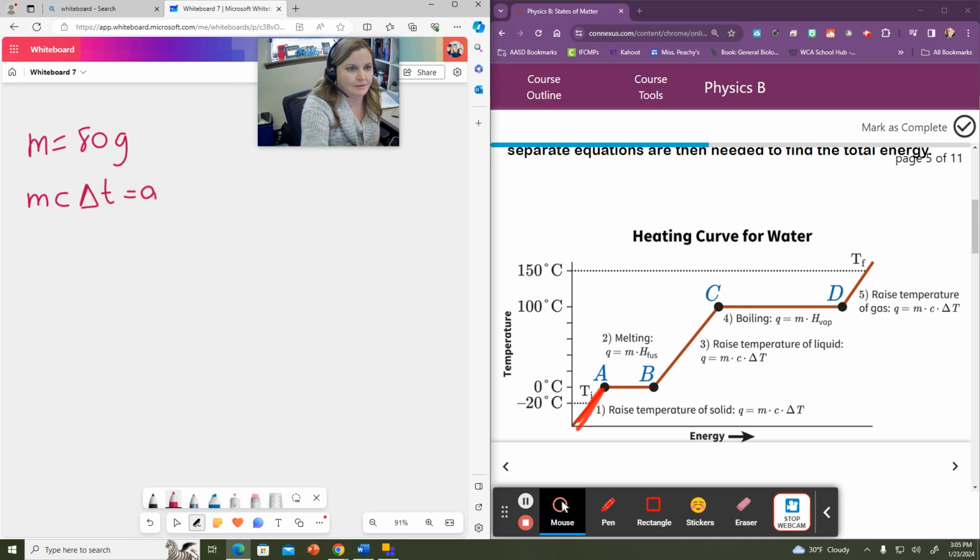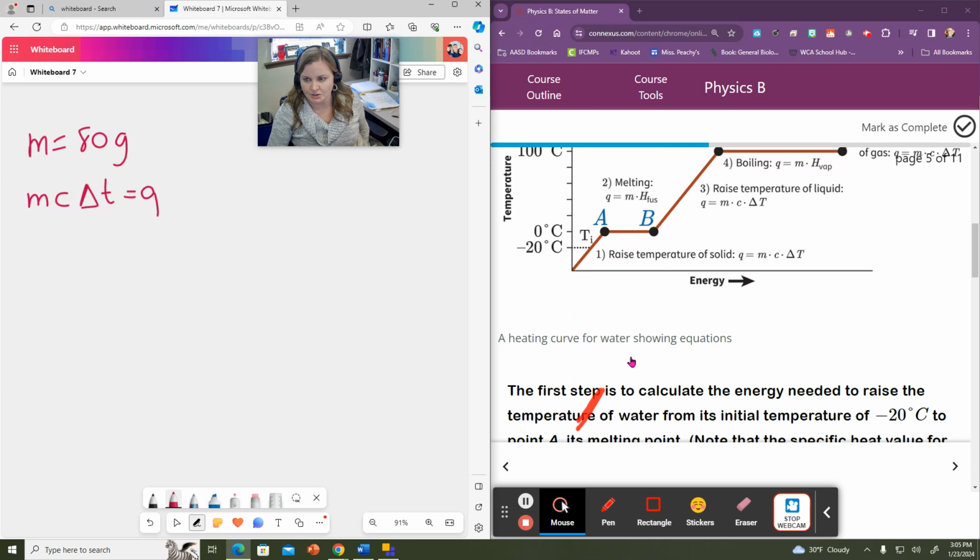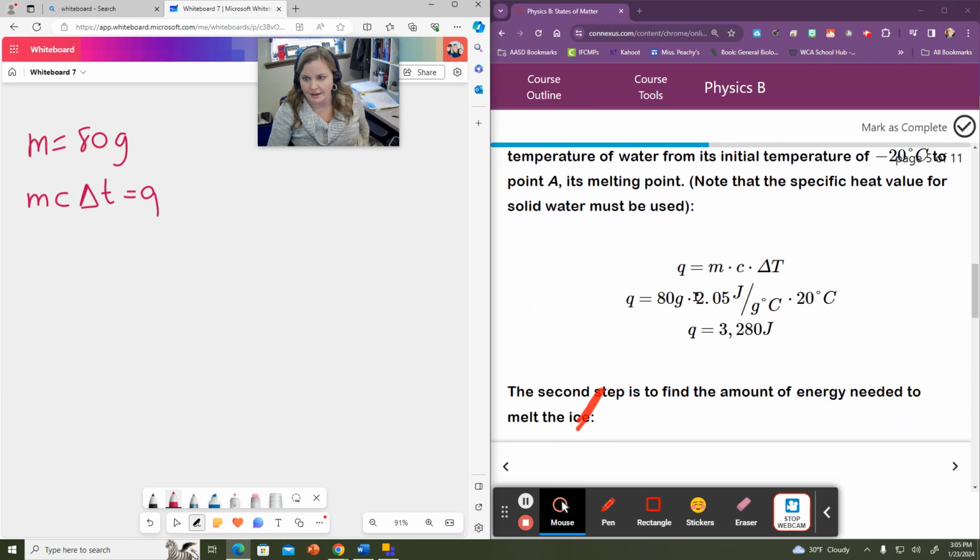So we do know that this is ice. Remember that the specific heat of ice was 2.05 joules per gram Celsius degrees.